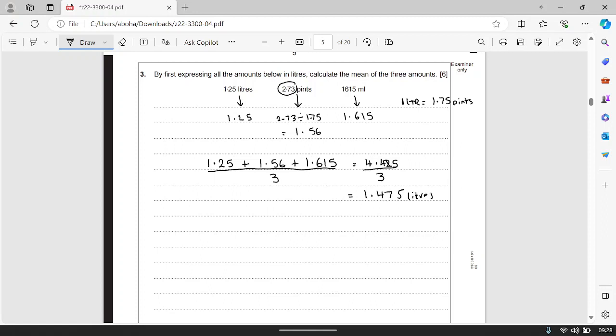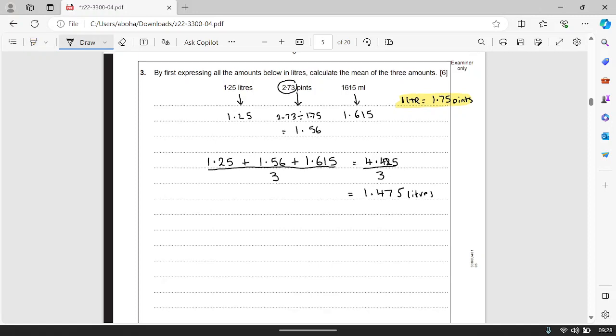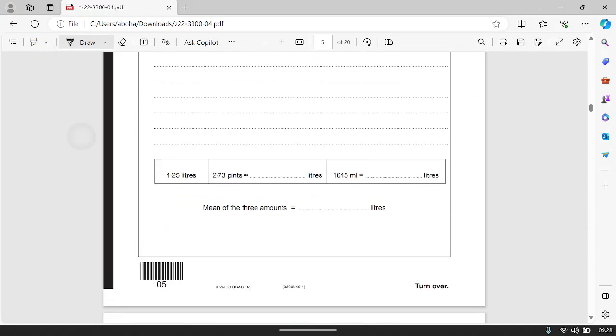Okay, so the important bit in this question was just making sure that you understood the conversion, that 1 litre is approximately equal to 1.75 pints. Oh, I didn't see that at the bottom there, I apologise, sorry. But let's just put them in quickly anyway. So we know that 2.73 pints was approximately 1.56.